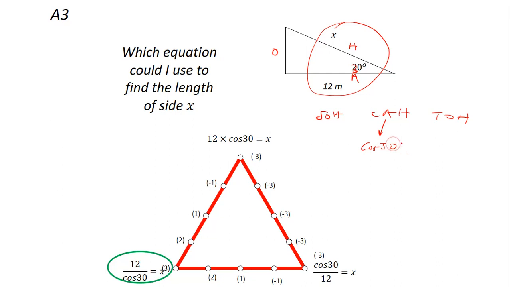Cos 30 equals adjacent, which is 12, divided by x. Rearrange to find x. I want to times both sides by x because I want it on the top of a fraction. I get x cos 30 equals 12, and then I want to divide both sides by cos 30. I get x equals 12 over cos 30.